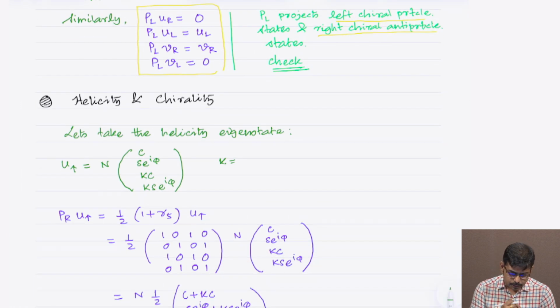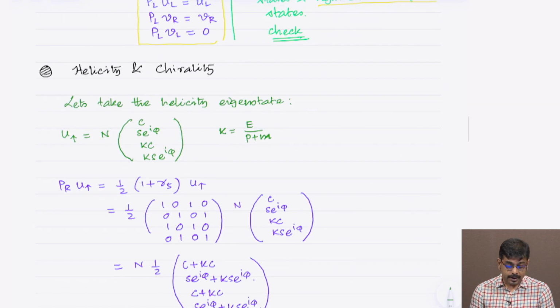Let us write the u up, and this is something that we actually saw right above, that this is C S e to the power I phi, kappa C and kappa S e to the power I phi. I have devised a small notation kappa here, which was what? This is simply E by P plus M. Just for the sake of simplicity, we write it like this. Now, for example, what I would like to do is take the projection operator PR on u up and see what exactly it does.